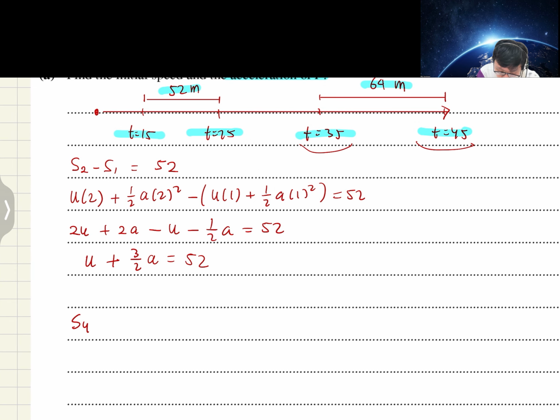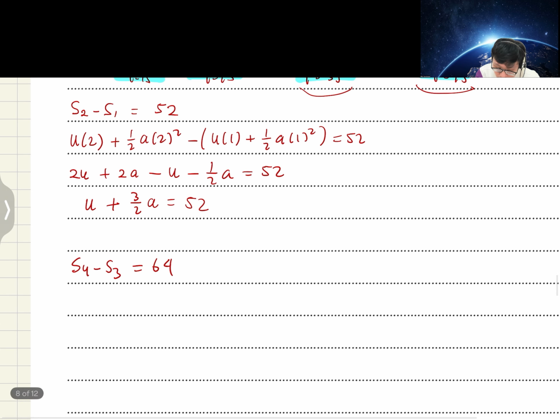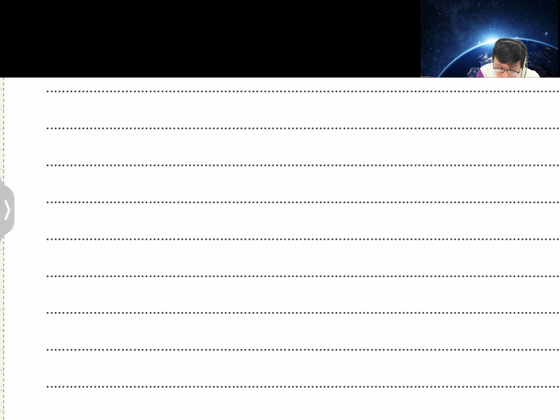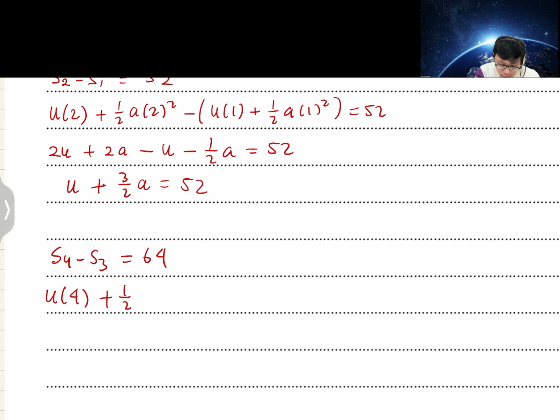For the second equation, we have the distance from time equals 3 until 4. So S4 minus S3 equals 64. So here we get U times 4 plus half A times 4 square, minus S3, which is U times 3 plus half times A times 3 square, equals 64.